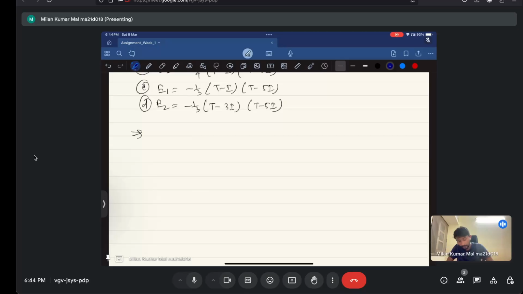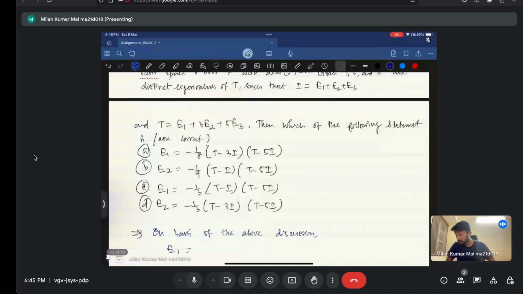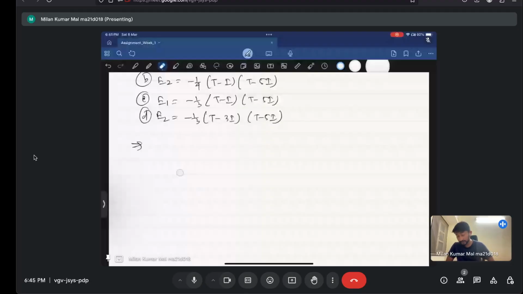So, on the basis of the above discussion, here it is asking for E1 and E2, not E3. Starting in a somewhat different way, it is clear that the linear operator T is diagonalizable. This is not written here, but it is diagonalizable because T satisfies all the properties required by this theorem, and conversely.